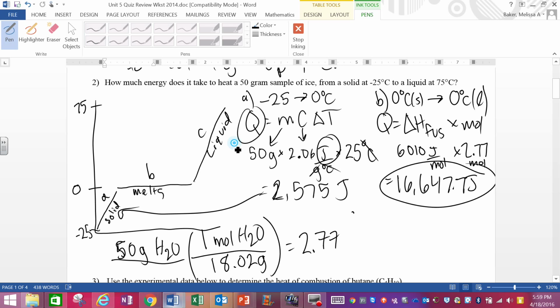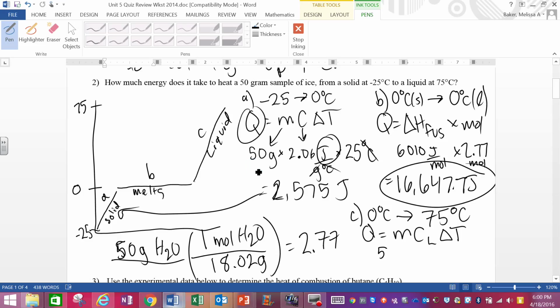We still have step C. How about going from 0 degrees Celsius as a liquid up to 75 degrees Celsius liquid, like the problem asks us to do? Again, we need to use Q equals mc delta T, but this time we use the specific heat for water in its liquid phase.